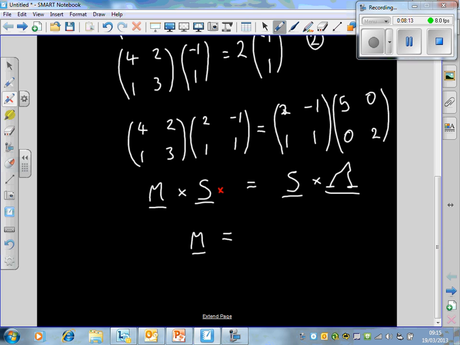We have to multiply by the inverse of S on the other side as well. So what we end up with is that M is equal to S multiplied by the matrix formed by the eigenvalues multiplied by the inverse of S.